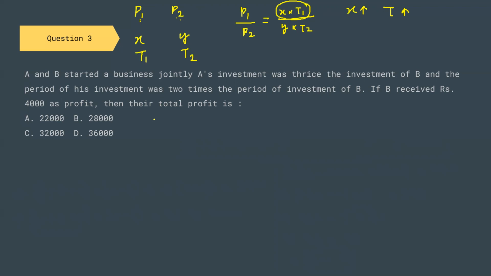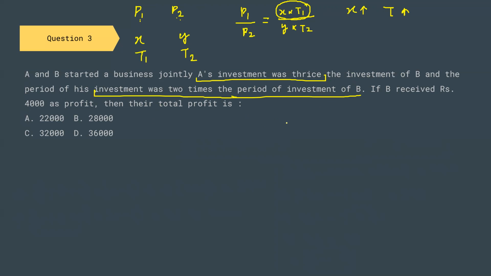So according to this question, A and B started a business jointly. A's investment was thrice the investment of B, and the period of investment was two times the period of investment of B. As we can see, A has invested more money, as well as for a longer period of time.